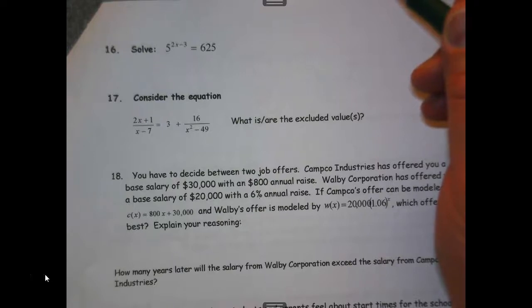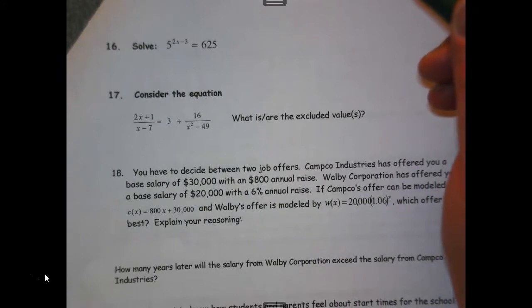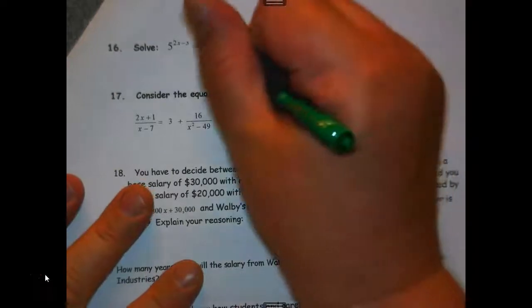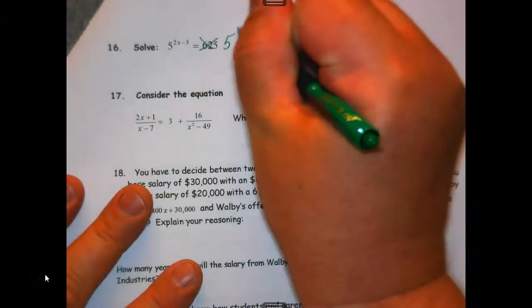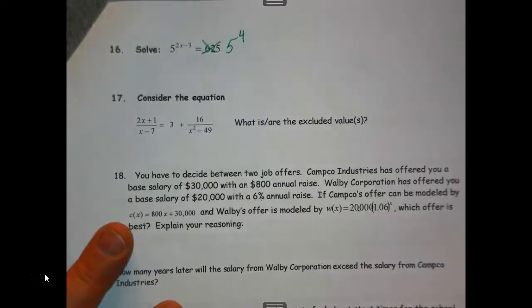Get 125, right? Okay, divide 125 by 5. Divide by 5, so 4 times. 5 times 5 times 5 times 5. Okay, I changed 625 to 5 to the 4th.